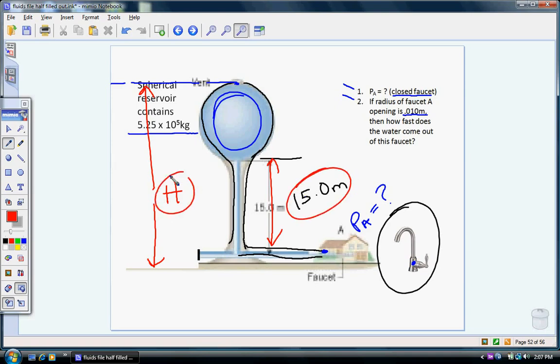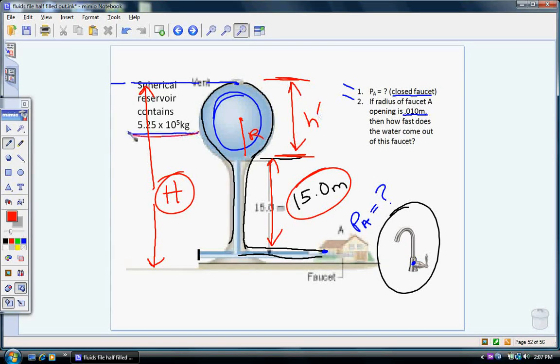So if we want to get this big height all the way up top, we need to know this height right here. And in order to get that, if we knew the radius of this circular, spherical tank up here, we can multiply by 2 to get this additional height here. I'll call h prime.